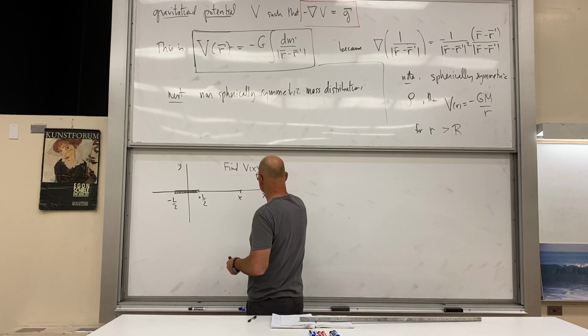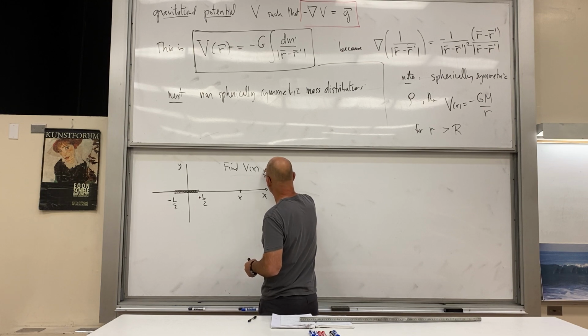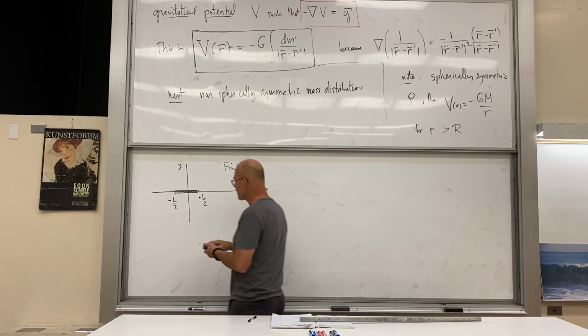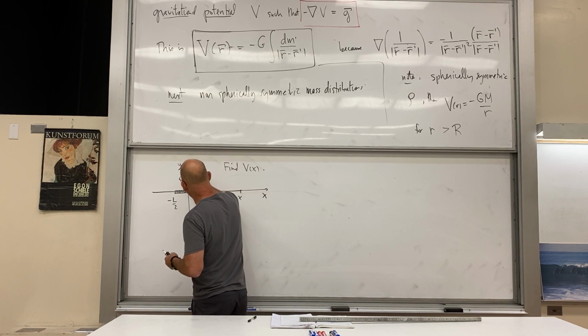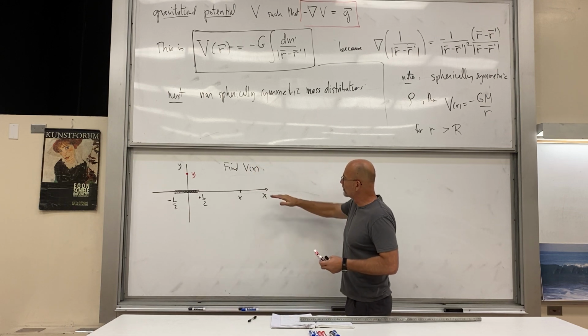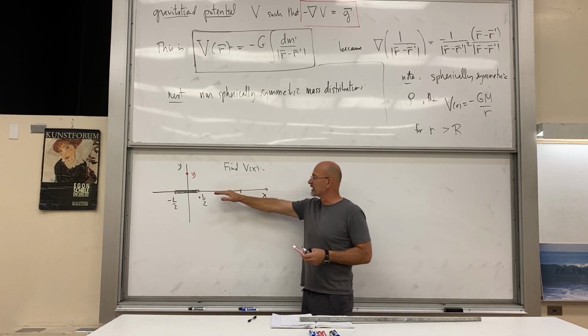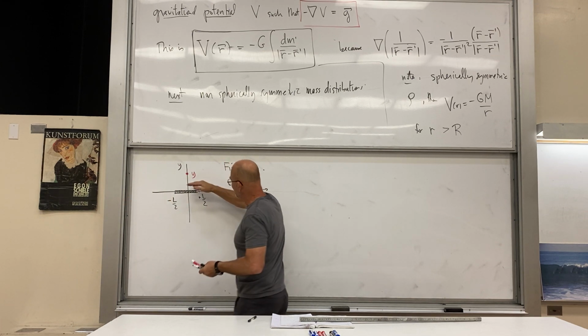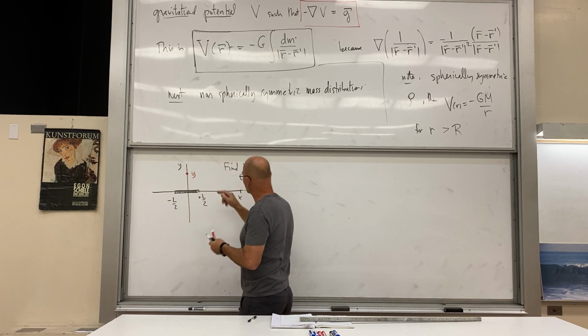Potential V of X. And for the homework, I'm going to ask you guys to find V of Y. So here we're looking at it on end. There's this rod there. It'll be symmetric around here, so we don't have to worry about that. And there you would be along the y-axis somewhere.